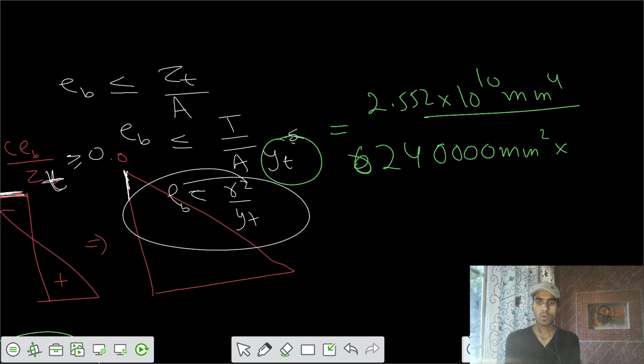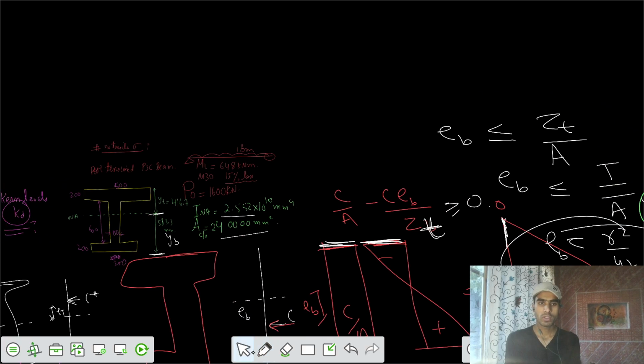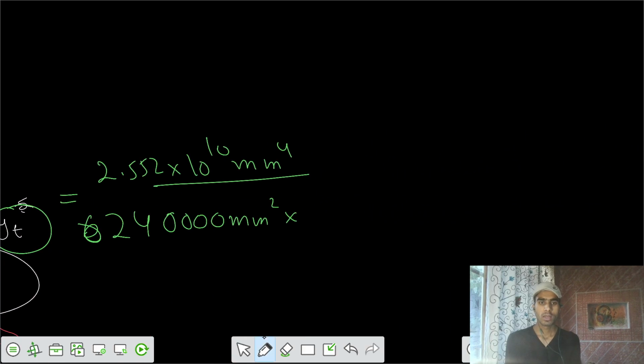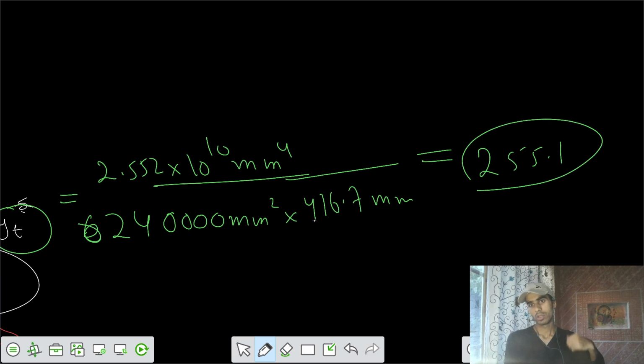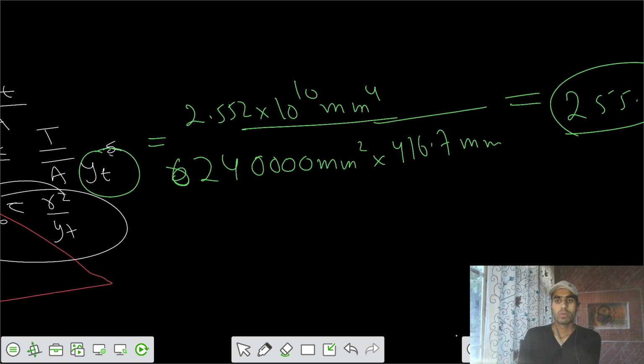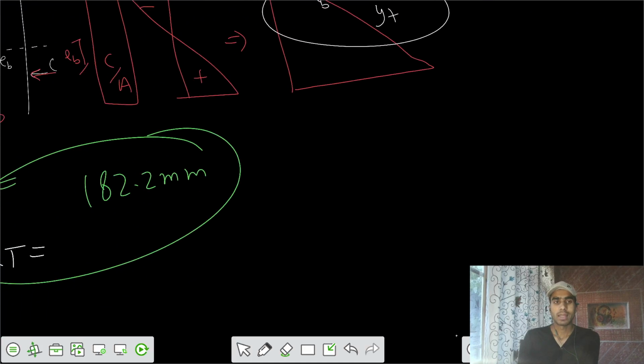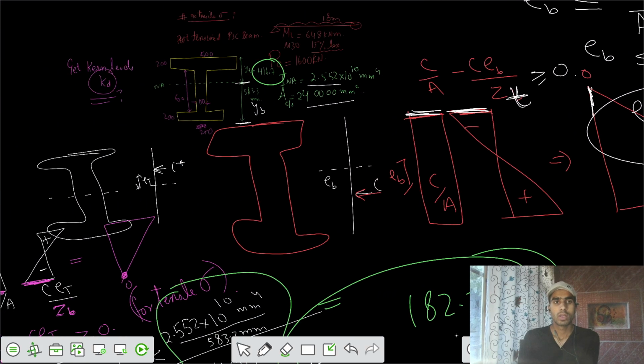Your value of y top was given to you as 416.7 millimeters. So your eccentricity from the bottom side is 255.1. These are the critical distances we have: one is 255.1, then the next one is 182.2.